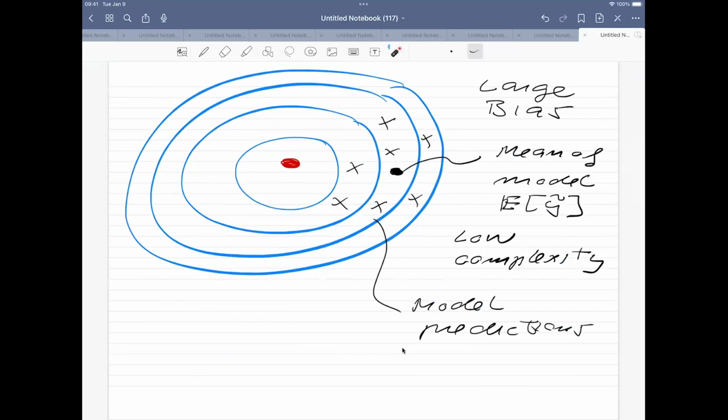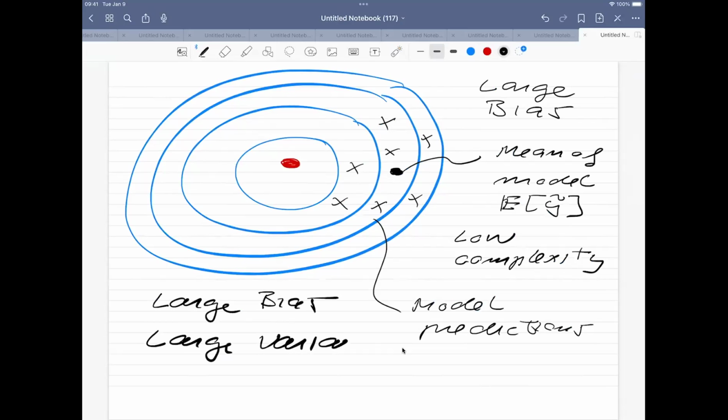What's the vote for large? Okay, so this is a situation which we call large bias and large variance. This is highly unwanted. We don't want to be there.